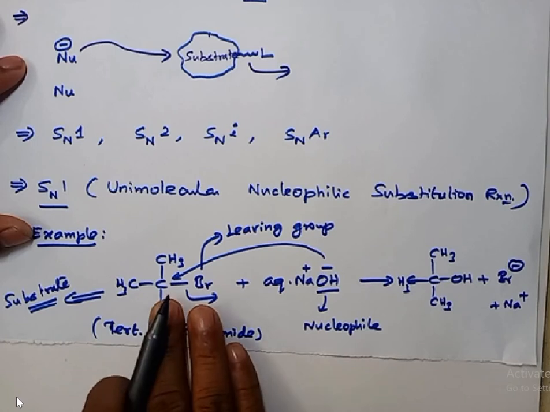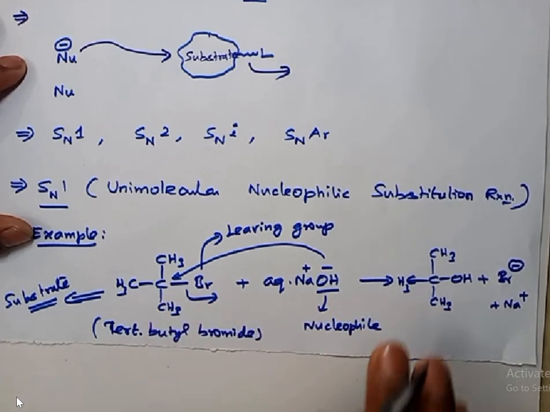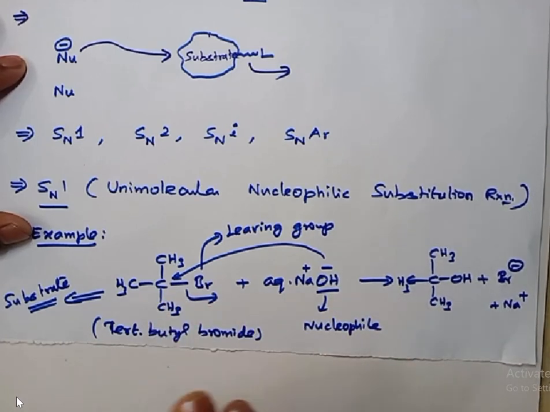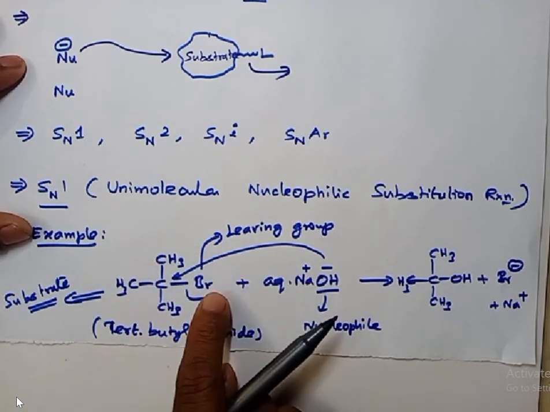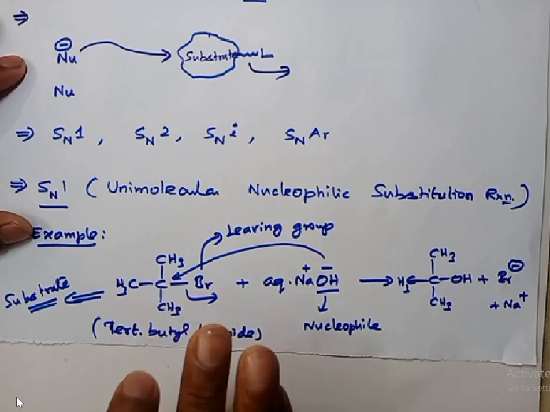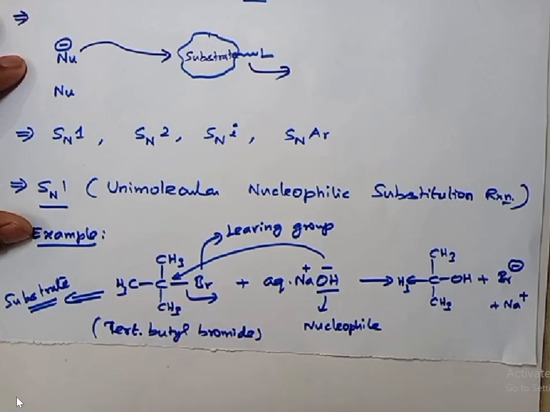This is a nice example for an Sn1 reaction. Students, keep this in mind: for Sn1 reactions, we preferably take tertiary halides, because tertiary halides are very suitable molecules for Sn1 reactions.